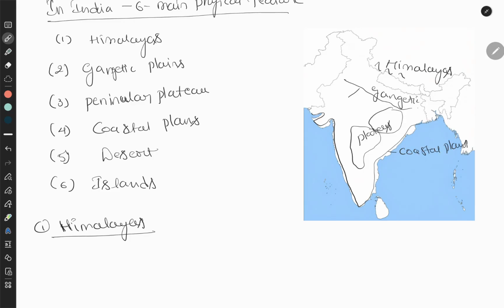Okay, and we have a desert, the Thar desert, on the west side, in Rajasthan.